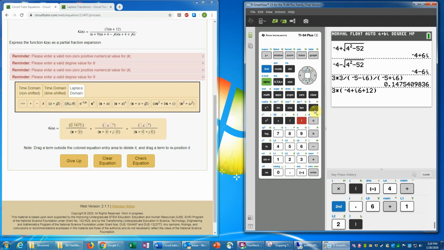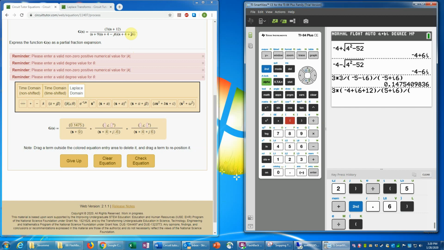And then that's going to be divided by this first term in the denominator, the s plus 9 term. So I'll put parentheses there. And again, the s is going to be the negative 4 plus j6. So negative 4 plus 9 is 5 plus j6. So I have 5 plus j6, close parentheses. And again, I want this in the denominator, the last term, so I'll divide again and have parentheses.